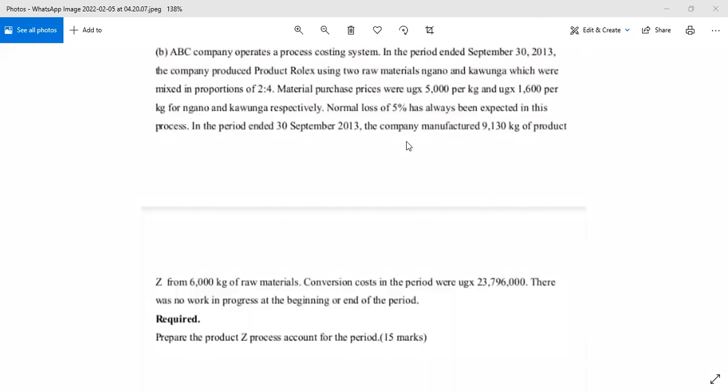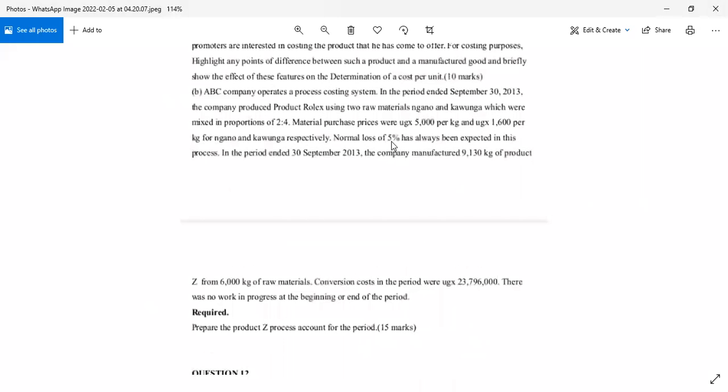Okay, if I may share the question again. So this is where I got the whole information from. They said everything clearly. Someone was asking, where do you get the output? The output is here. They said that the company manufactured 9,130 kgs of product X. So manufactured means that's the output. Then the input was 600. Somebody was asking about conversion costs. They were given as this. The normal loss was 5%.